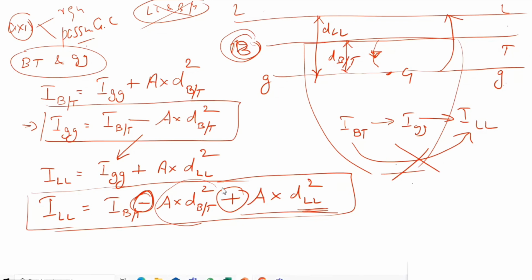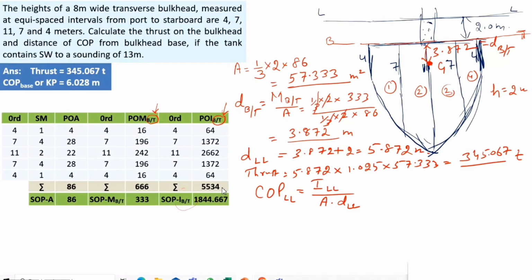I'm going back to the sheet where we are doing the question. If you have any questions on what I have explained here, please let me know. Now COP. So how do we write? I write it like this: I draw a parallel axis through G and make it GG. I have this distance DLL, which is 5.872. Now I apply the theorem of parallel axis between LL and GG.